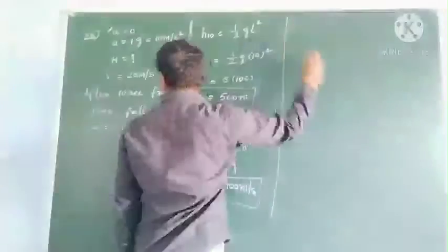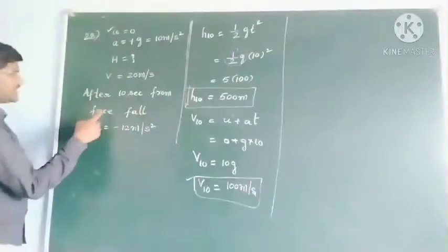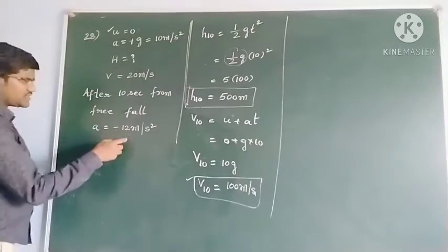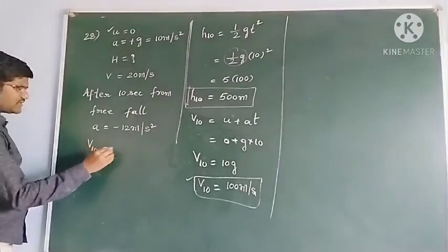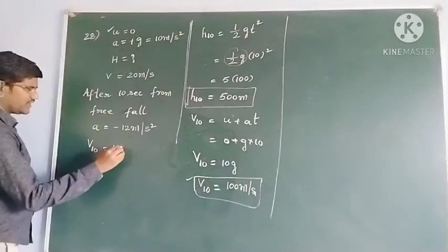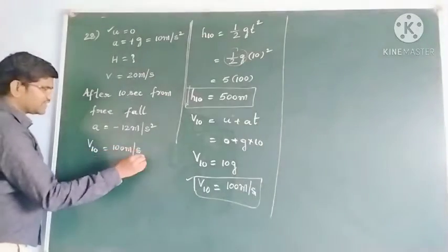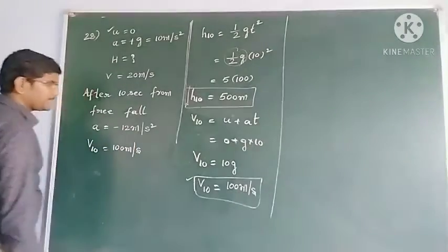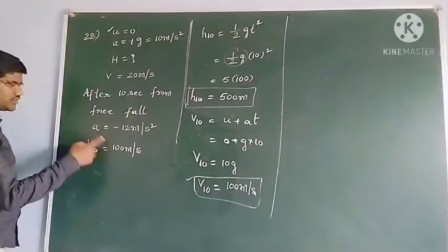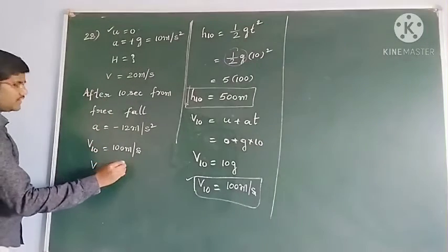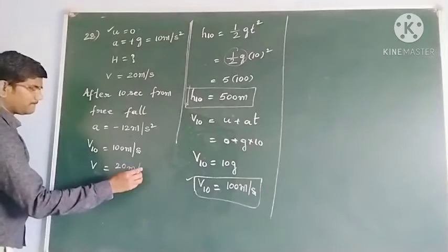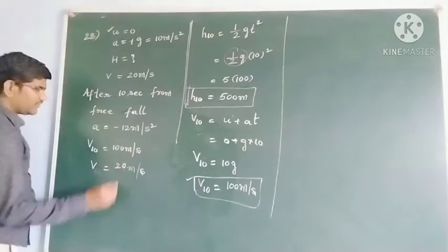After 10 seconds from the free fall, we know the velocity, that is 100 meters per second, and we know the retardation, and the final velocity on reaching the ground is 20 meters per second.